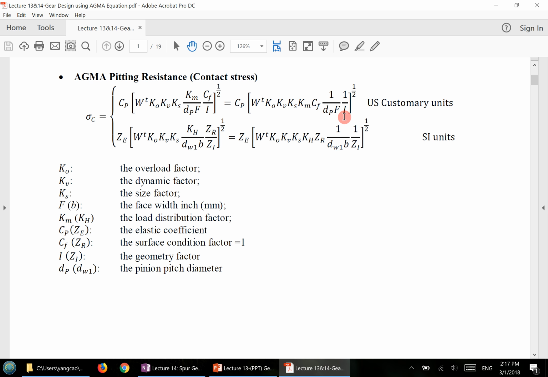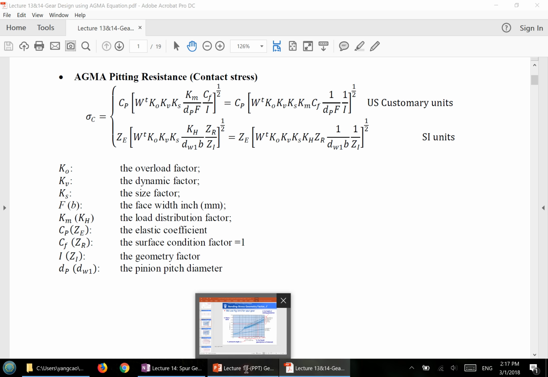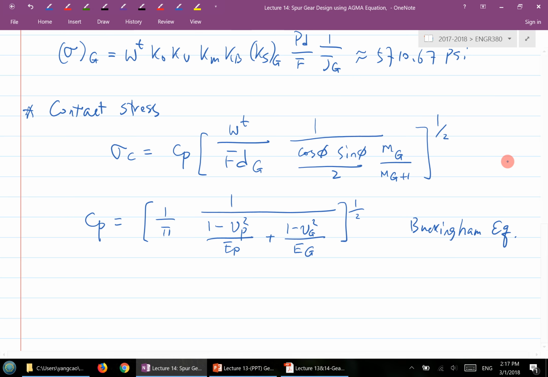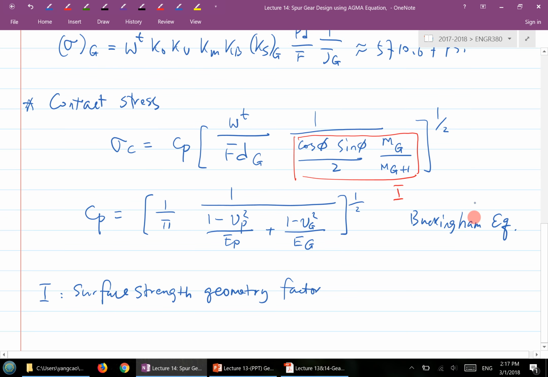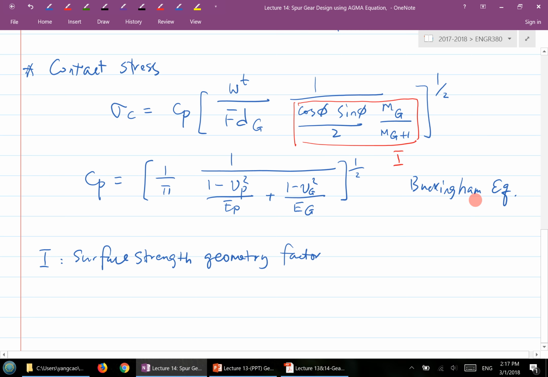On the denominator, there's a parameter called I. This I here is basically this chunk. This I is called the surface strength geometry factor.